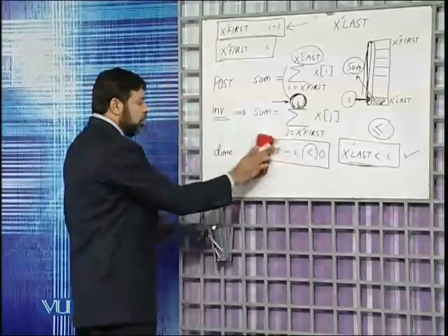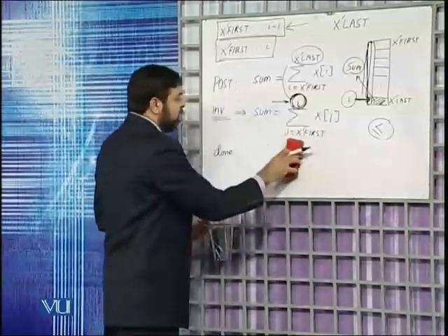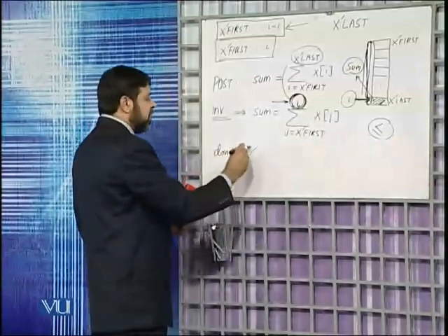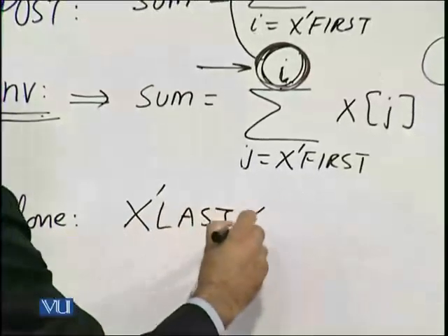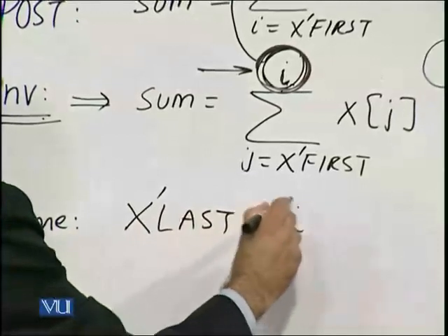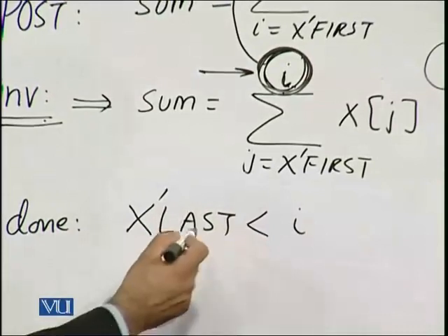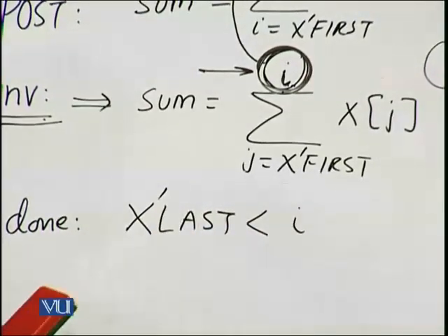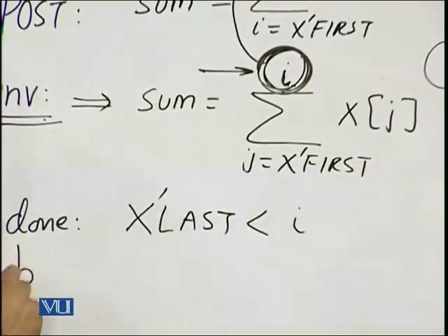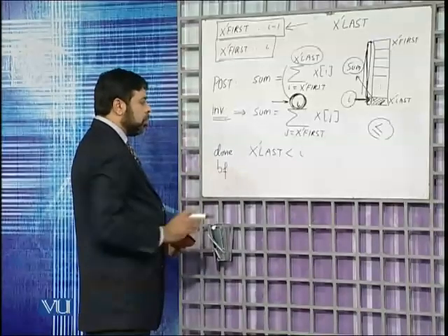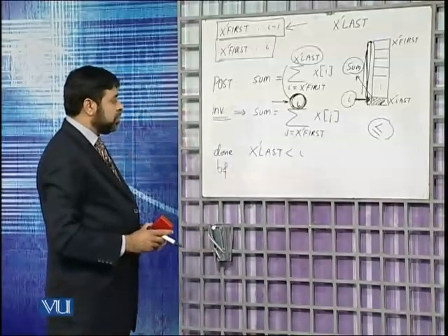Now let me erase this and write only one condition, that is x last is less than I. In that particular case, as soon as the value of I is equal to x last, we are done. Now the bound function is the last thing in this particular case.